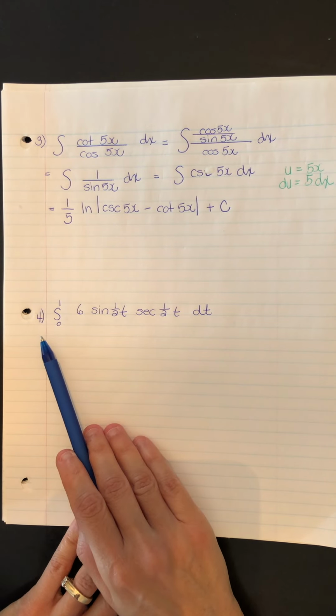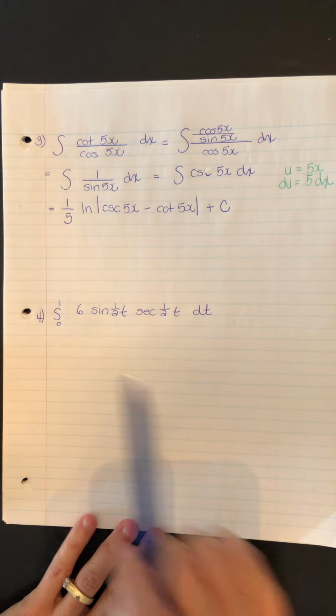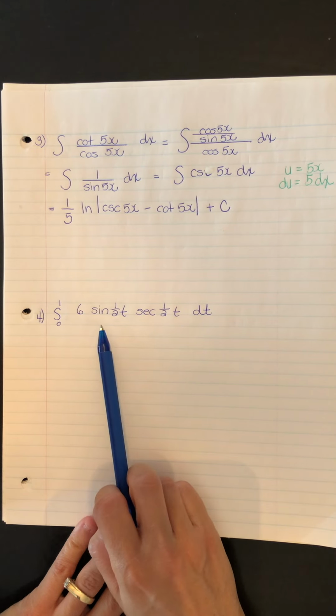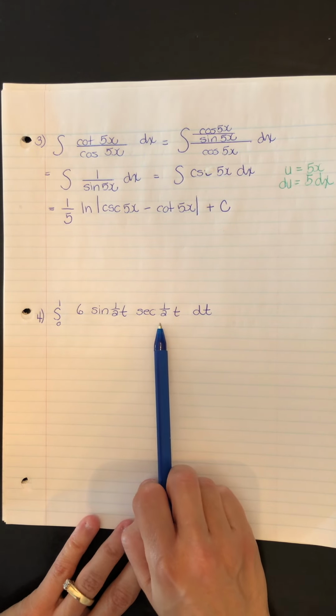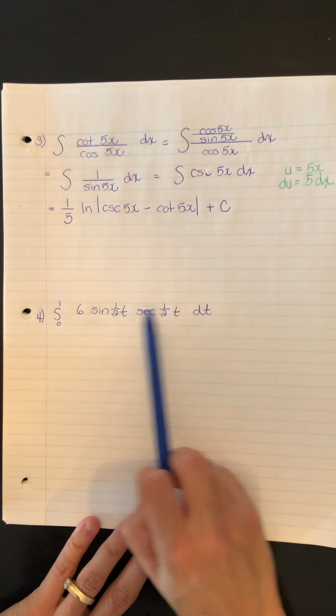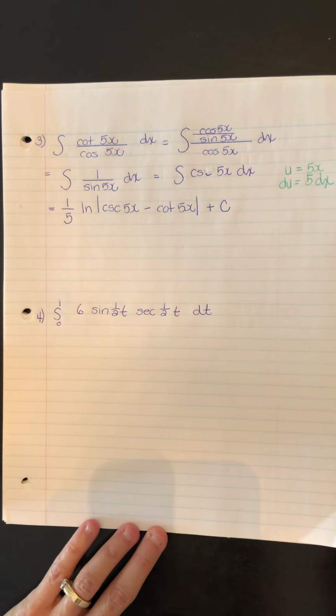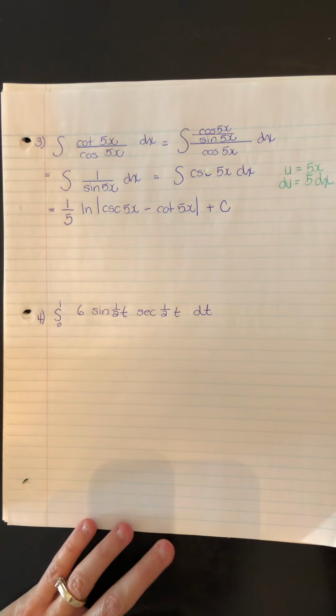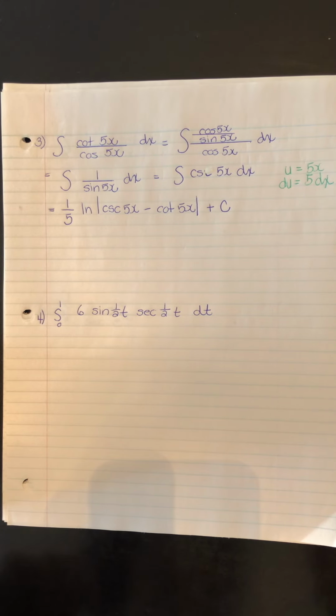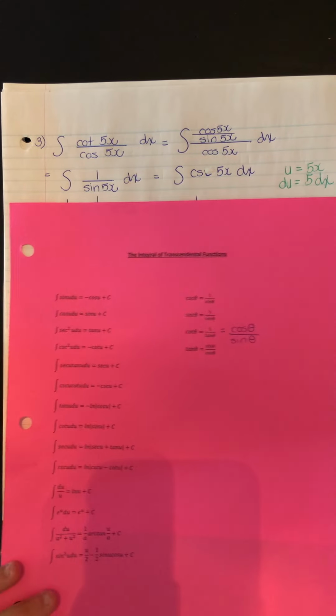So here we go. The next problem that I wanted to go through is this one. We have sine multiplied by secant. The argument is the same for each. So here again, this is when we might use an identity. According to the identities listed here, secant is 1 over cosine.